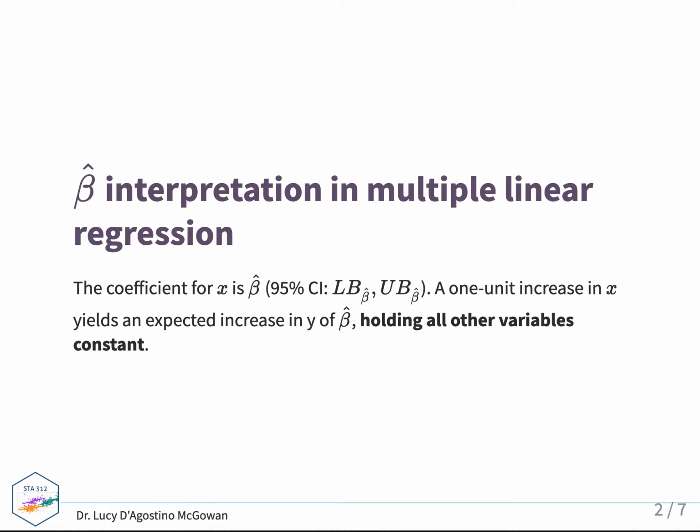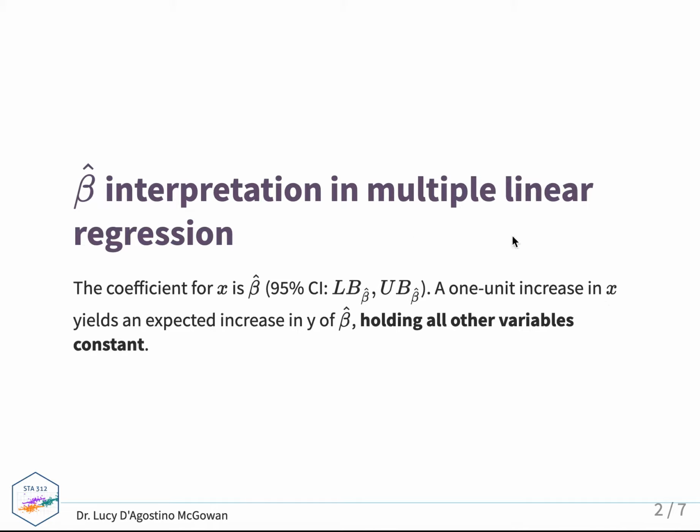So you'd say the coefficient for predictor x is beta hat with a 95% confidence interval of lower bound, upper bound. This means a 1 unit increase in the predictor x yields an expected increase in y of beta hat, holding all other variables constant.